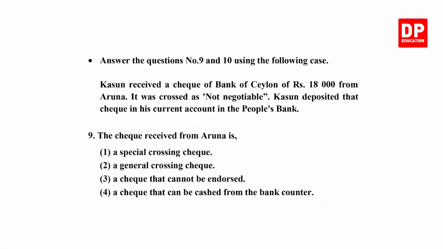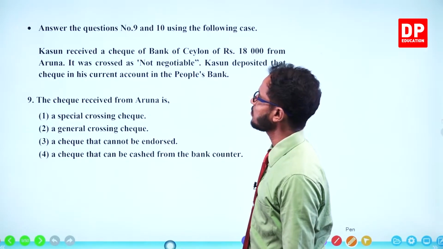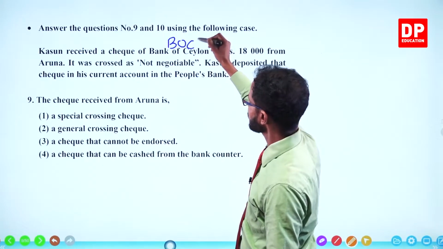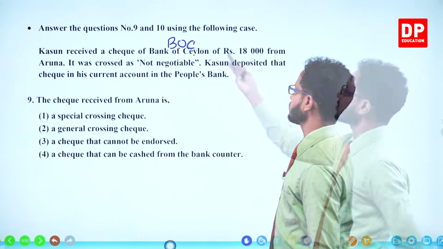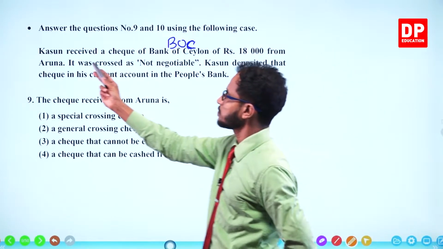Let's go. We have another case. Answer questions number 9 and 10 using the following case. Kasun received a check of Bank of Ceylon, rupees 18,000, from Aruna.